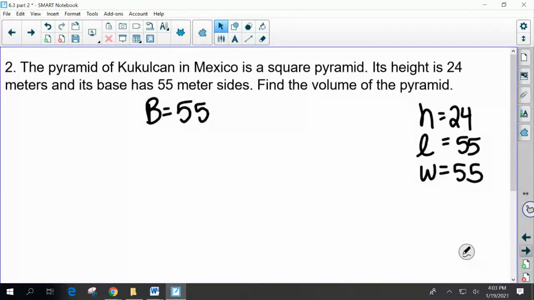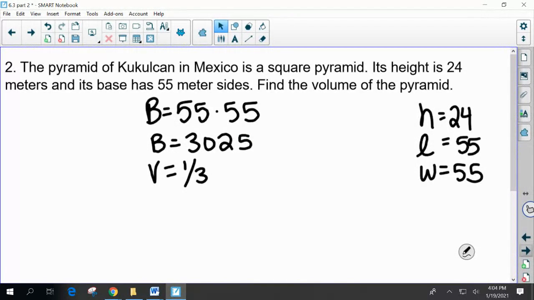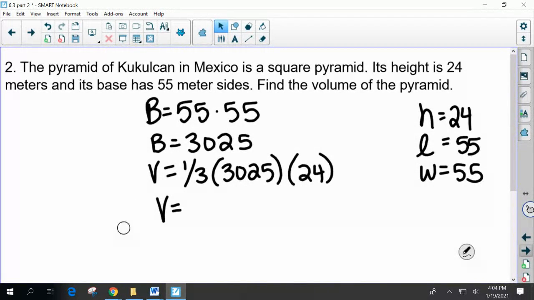So 55 times 55, that equals 3,025. And then the volume would be 1/3 times 3,025 times the height, which is 24. So for the volume, you get 24,200 meters cubed.